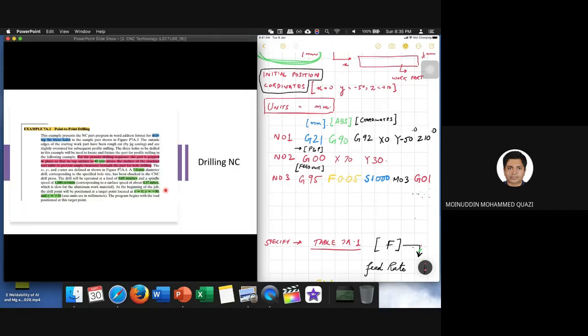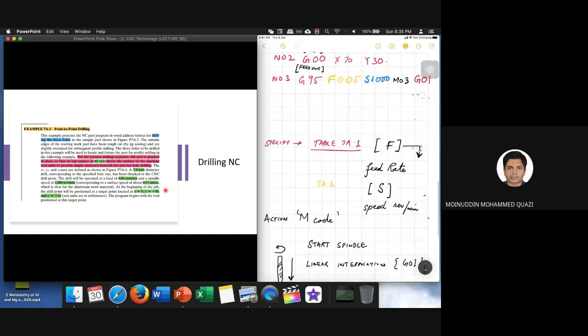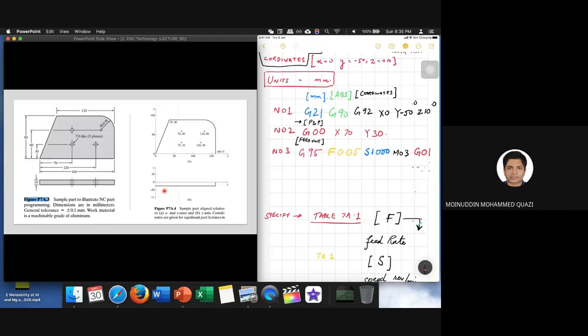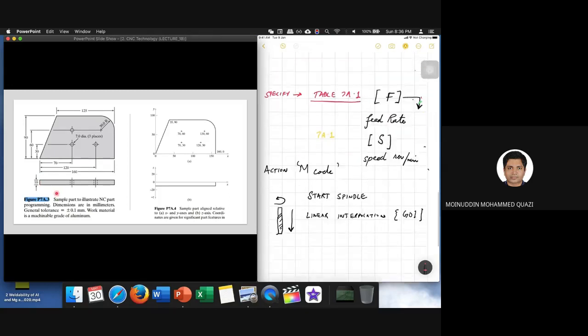So I will give the machine the instruction that the tool is moving already. Now just go down -10. Why -10? Because in the diagram, this is the 0 point, and I want to drill the hole until 10 mm. So I want the machine to go 10 millimeters below along the Z-axis.